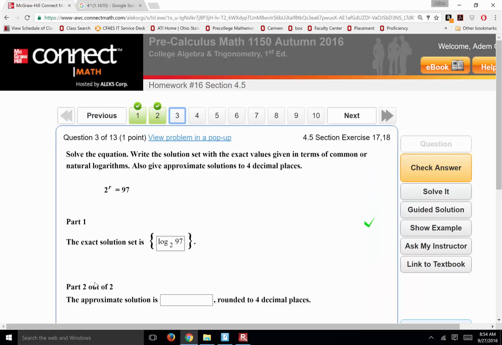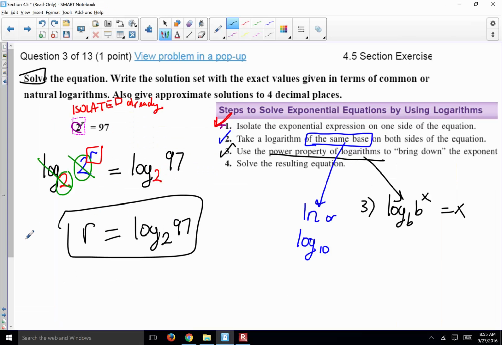First, they want us to take this logarithm. Secondly, they want us to round this to 4 decimal places. We're not done yet. That was part A. Part B, how can you get this rounded to 4 decimal places? Your calculator cannot compute log base 2, right? How can you get an approximation for this?